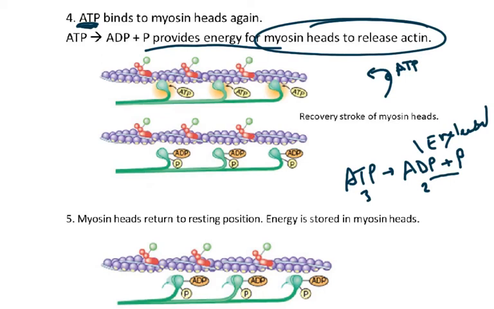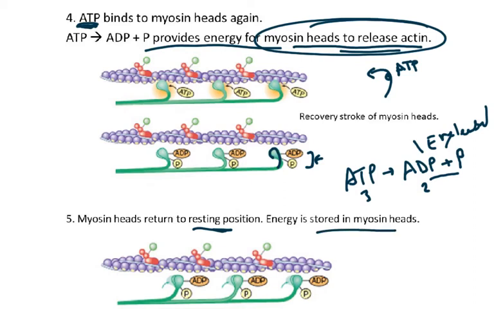ATP is broken down in order for the myosin heads to let go of the actin. And then once the myosin heads let go of the actin, they go back to resting position, and they've got that energy stored.